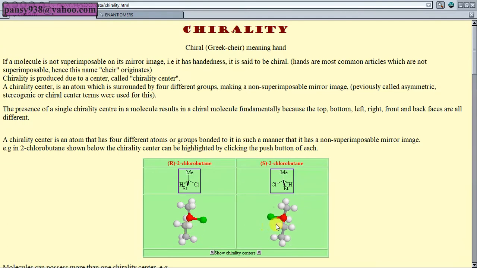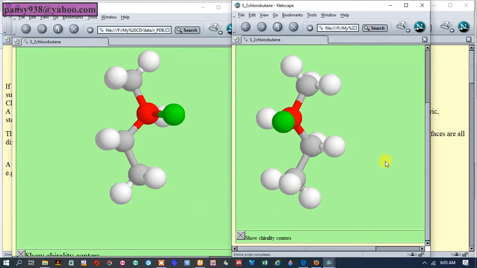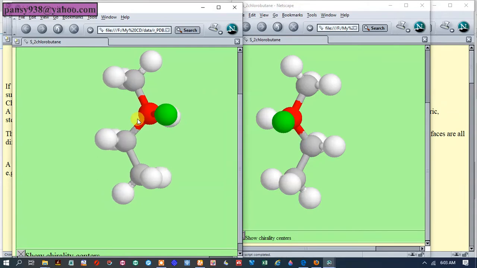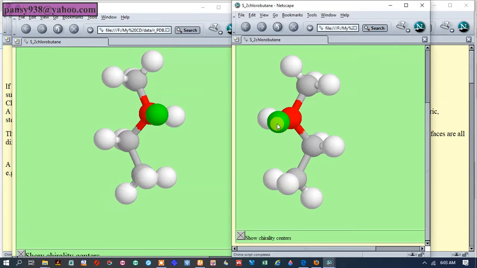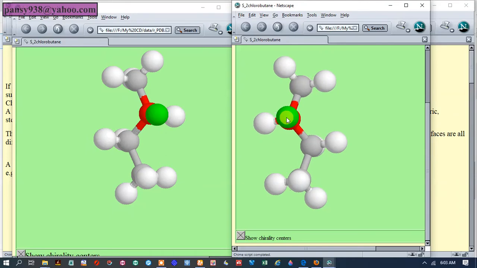This is a mirror image of this molecule. I think a little rotation will make the situation more clear, and you can view the molecules in a larger window. You see that both are mirror images of each other.